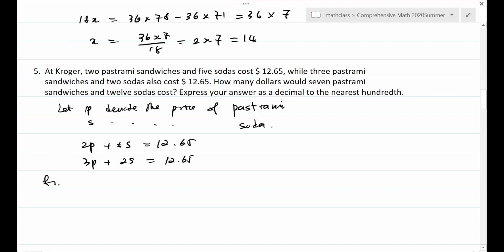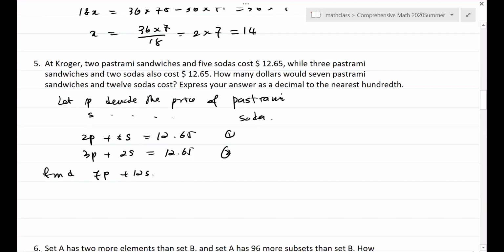You have to find out 7P plus 12S. So the question is, how do you find this number quickly? I think the quickest way to do it is that you don't need to find P and S.